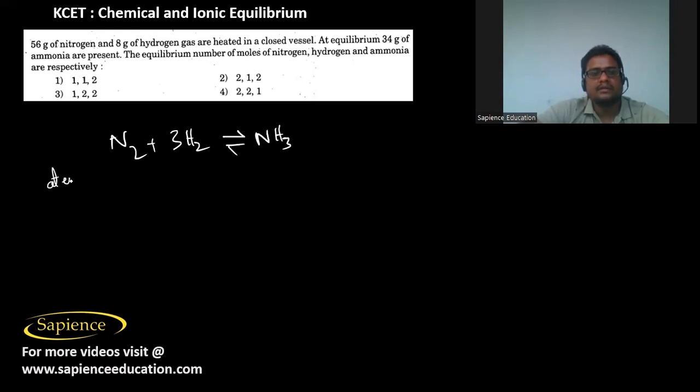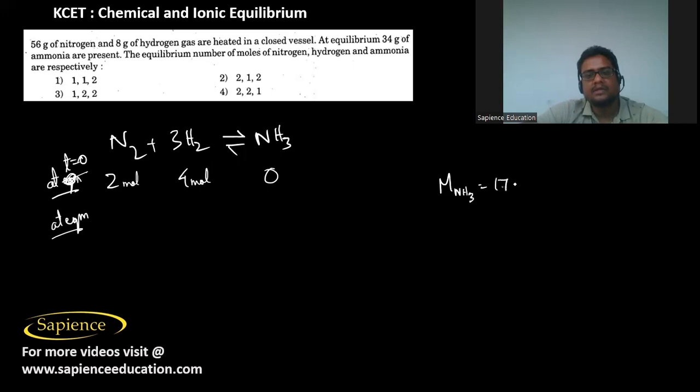The molar mass of nitrogen is 28 grams, so 56 gram of nitrogen means 2 moles was used initially at T equal to 0. And 8 gram of hydrogen means 4 moles was initially taken, and 0 moles of NH3 was initially present. But at equilibrium, 34 gram of ammonia is formed. Now the molar mass of ammonia is 14 plus 3, that is 17 gram.